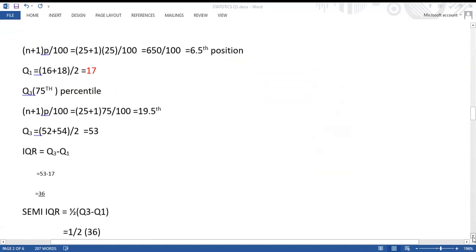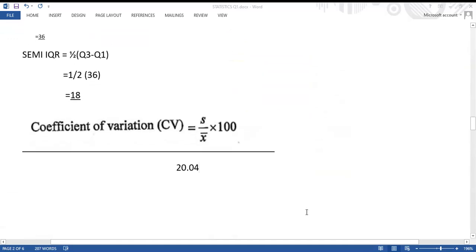So 20.04 divided by 35 times 100. You get 57.2%.